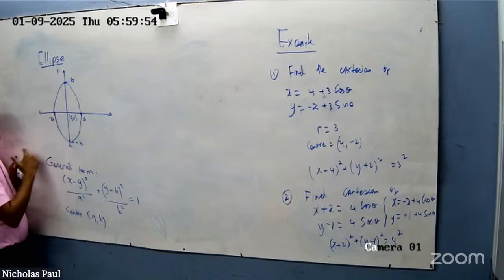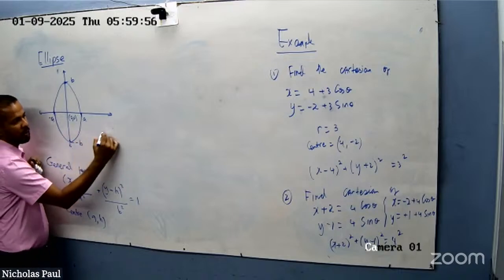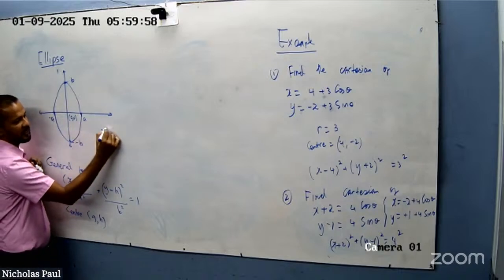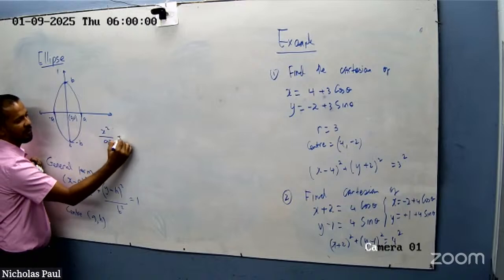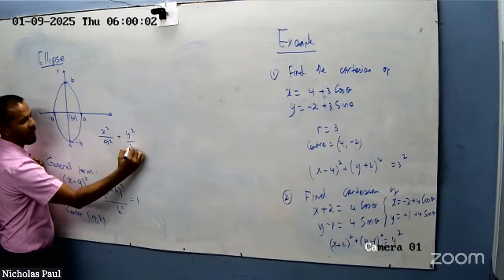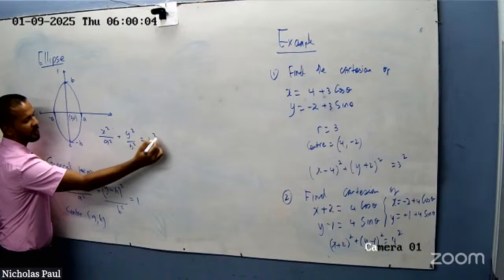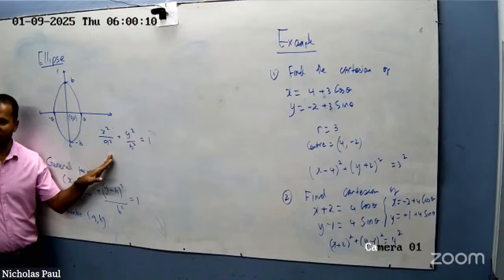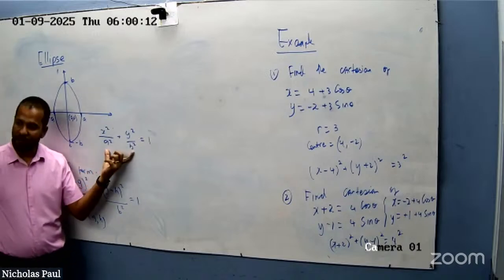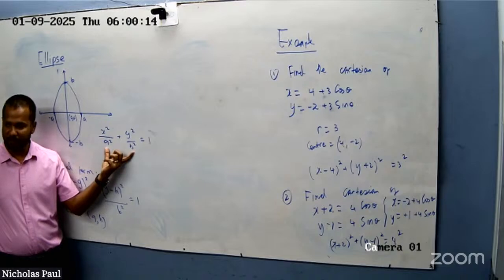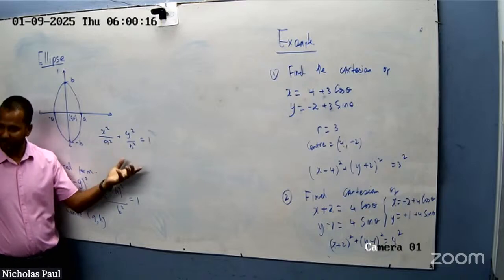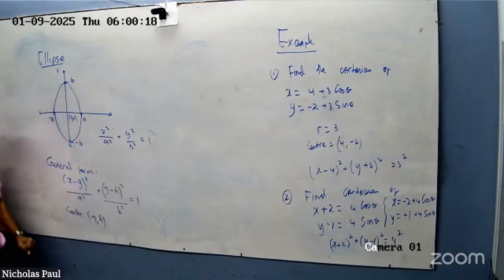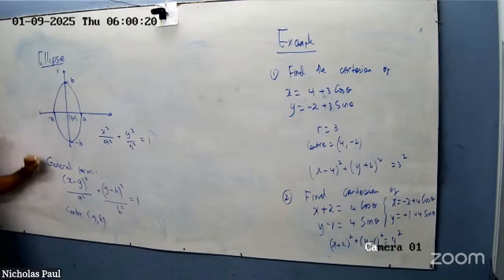In this question here, g and h are 0. So the equation of this ellipse is x squared over a squared plus y squared over b squared is 1. So how do you just watch an equation and know it's an ellipse? These values underneath here are not the same. If it's a circle, they are the same. So this is the general form for an ellipse, and this is one version.